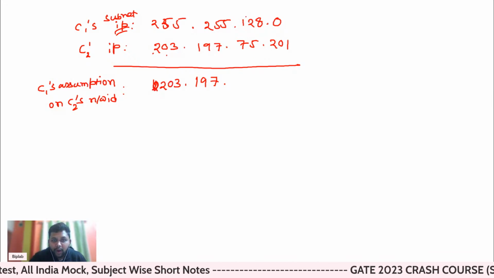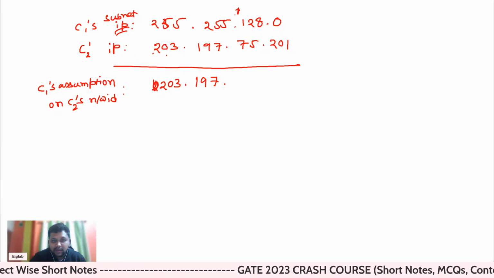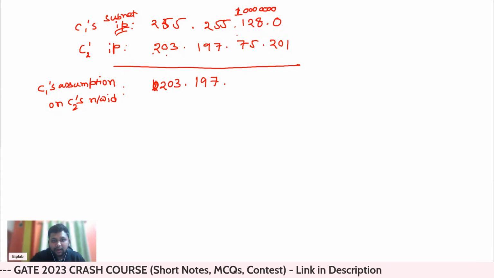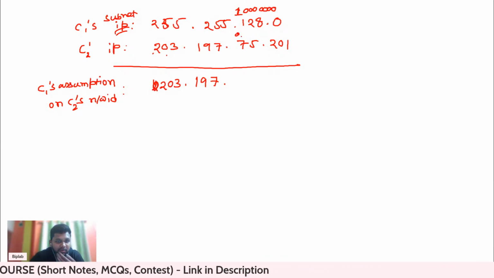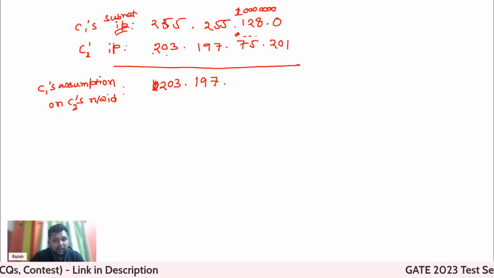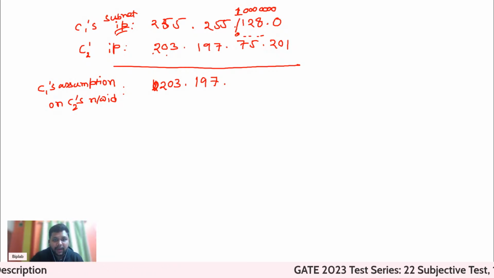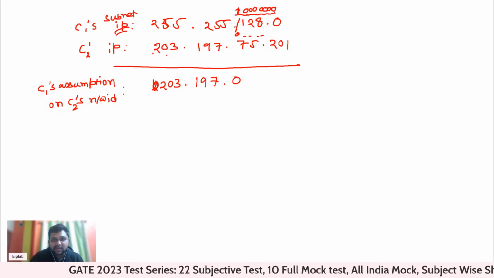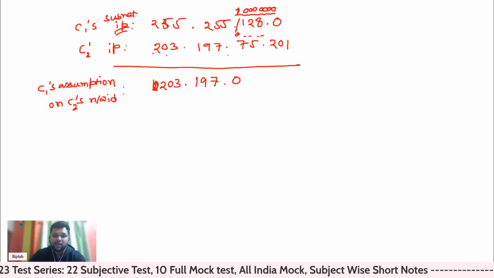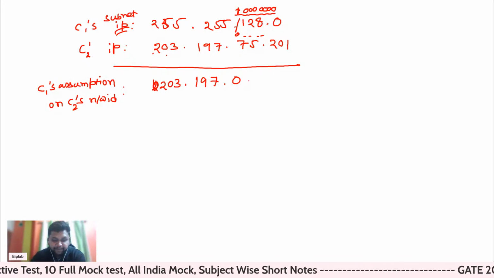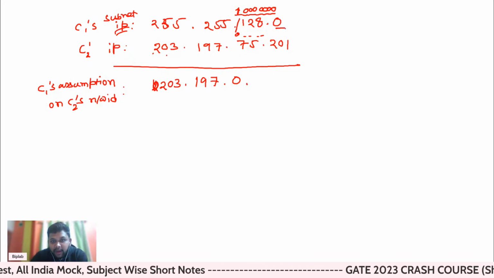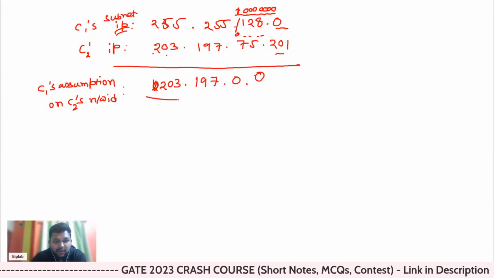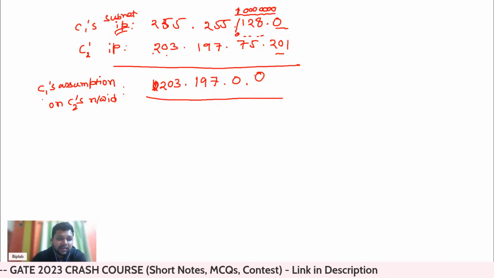Now look, 128 means only the first bit is one and all others are zeros. Here the first bit of 75 is obviously 0 because it is less than 128, so ANDing gives 0. In the AND operation, if one bit is 0 then the result is 0. Since all bits of the last mask octet are 0, the result is 0. This is the C2 network ID that C1 thinks.